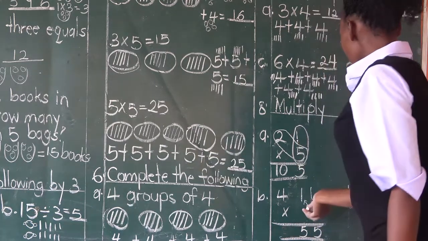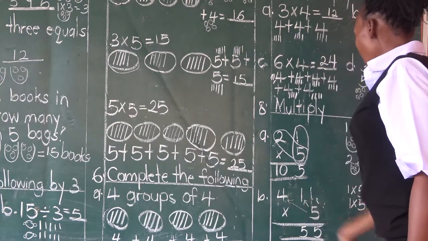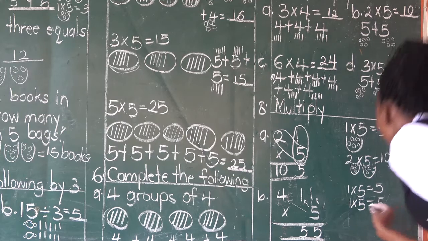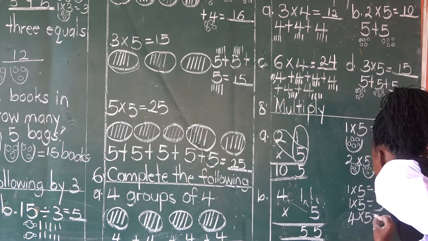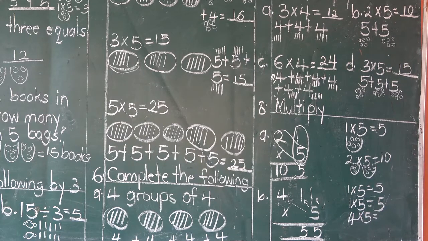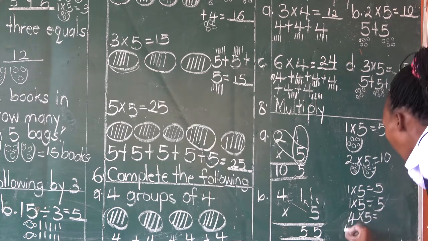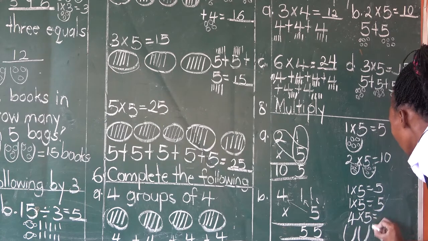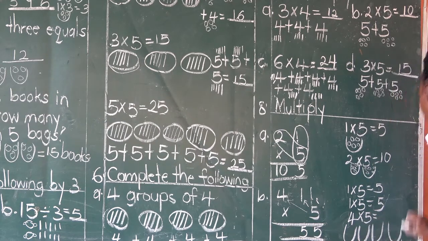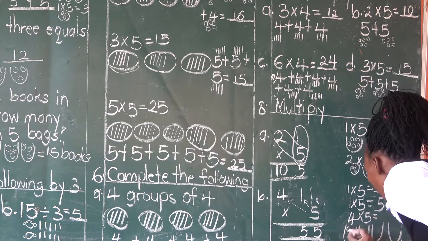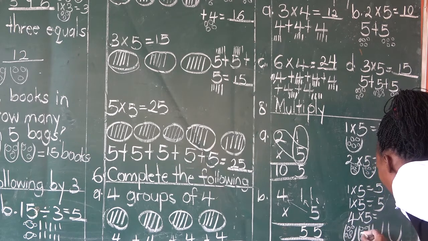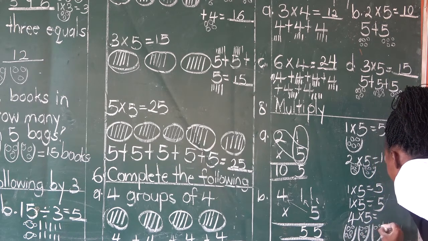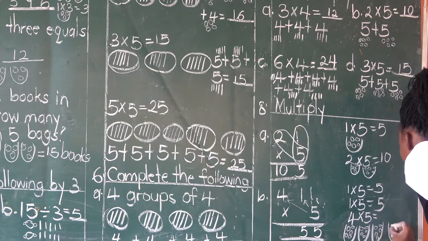We come to hundreds. Under hundreds we have 4 times 5, meaning that here we have 4 groups of 5. 1, 2, 3, 4 groups of 5.